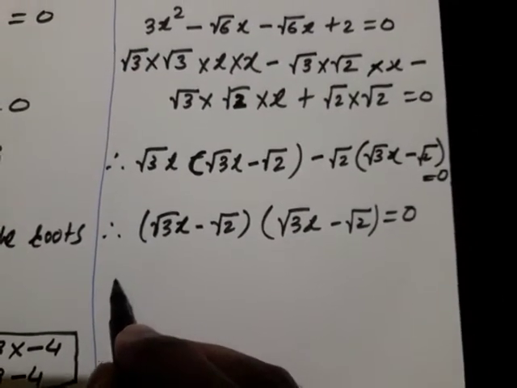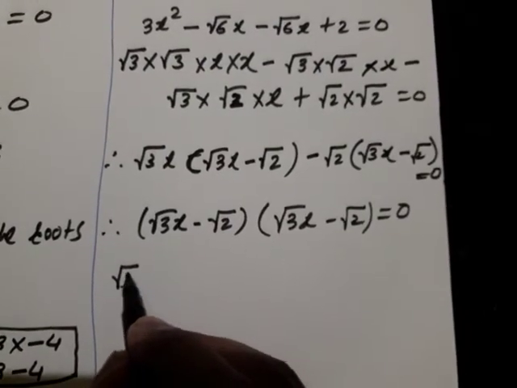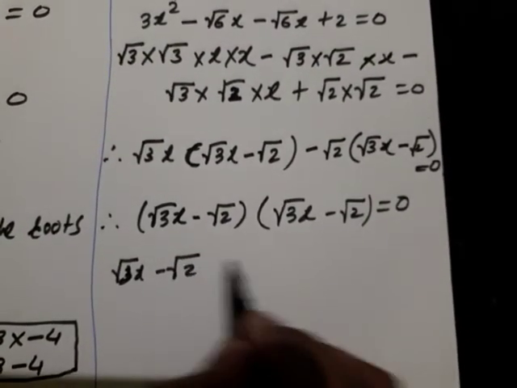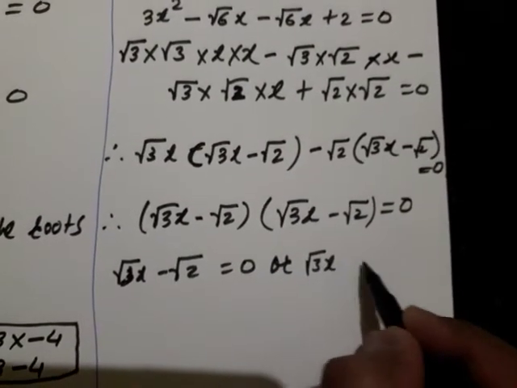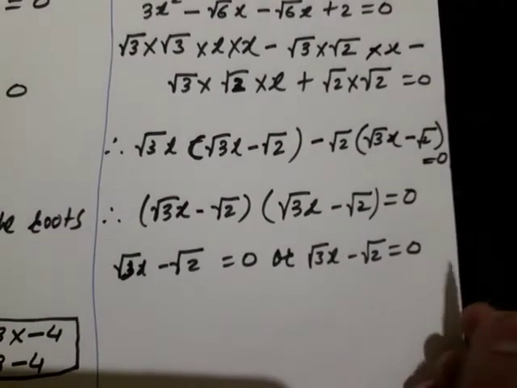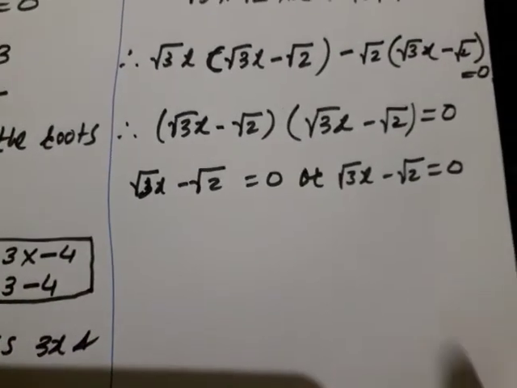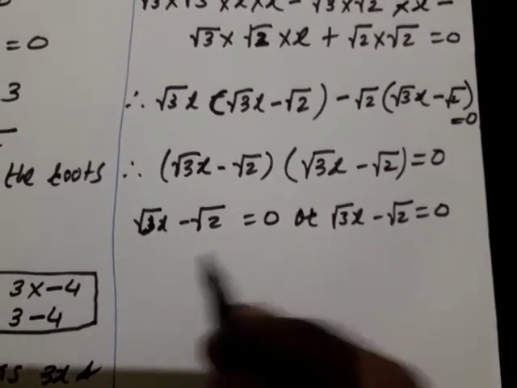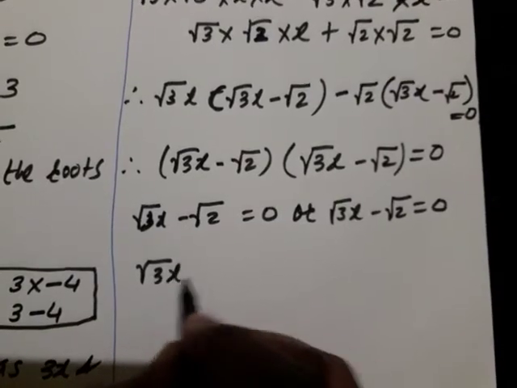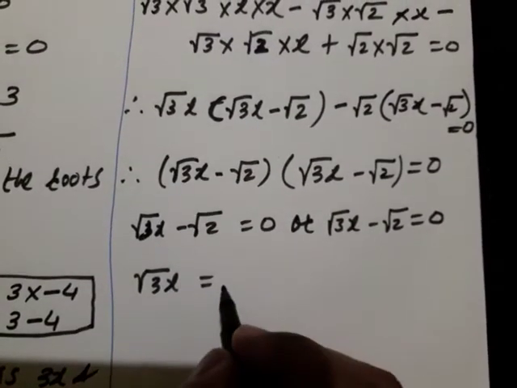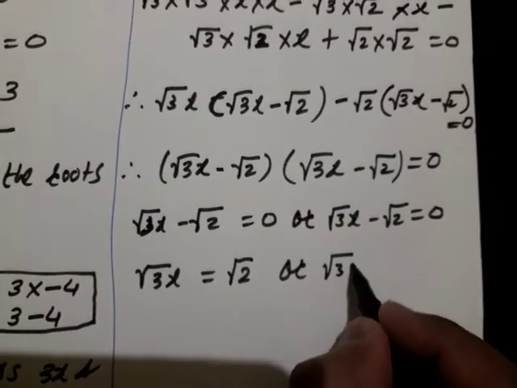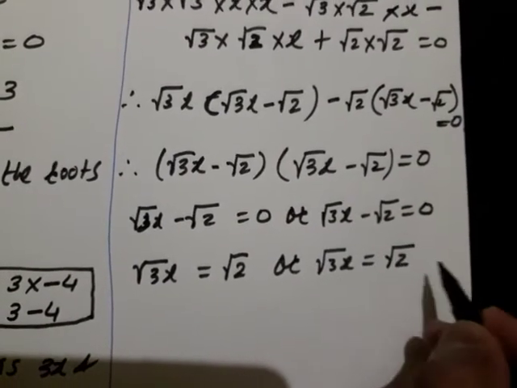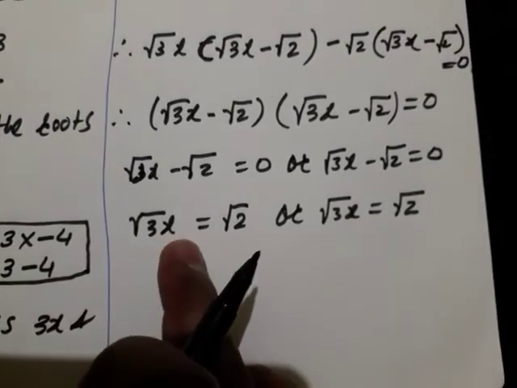Okay, now root 3x minus root 2 is equal to 0 and root 3x minus root 2 is equal to 0. Now we will transfer this minus sign to the RHS. Root 3x is equal to root 2, this minus root 2 will transfer here, then it will be plus. Or root 3x is equal to root 2. Then what do we want to find out? x we want to find out.